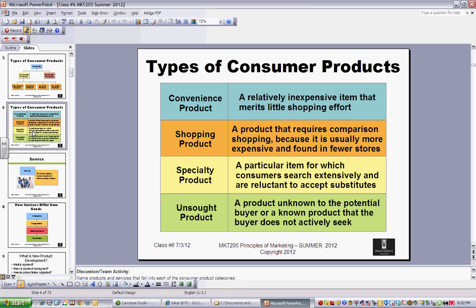Specialty products tend to be cars, homes, college educations, much more substantive kind of product decisions. Then sometimes you have unsought products, which are products that you maybe are not looking for. You go in looking for something and you end up finding out about something else, and those tend to be interesting options as well.